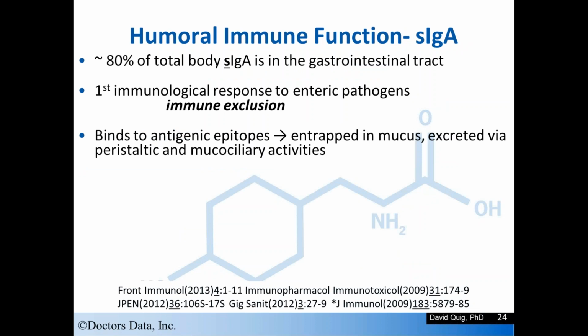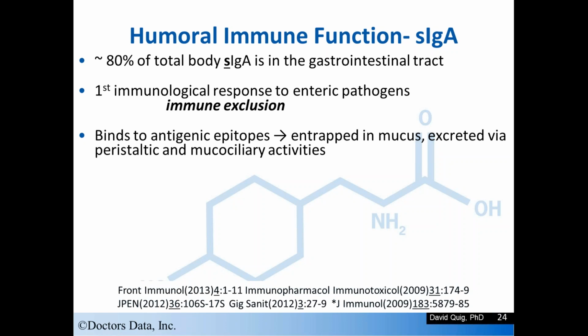So for secretory IgA, I can't stress enough the importance of secretory IgA. 80% of total body secretory IgA is in the gastrointestinal tract. In fact, it has a very unique position in the innermost, densest portion of the mucus barrier. There, it provides the immune exclusion.